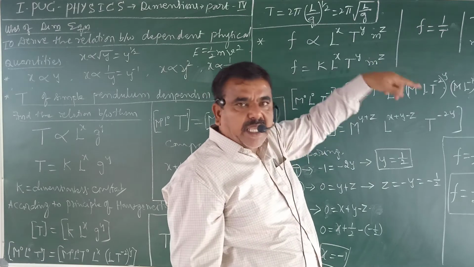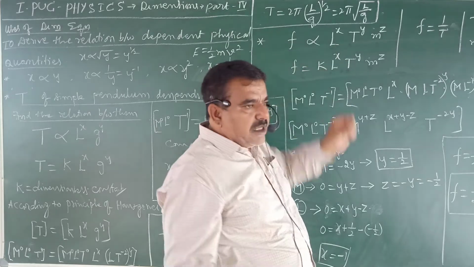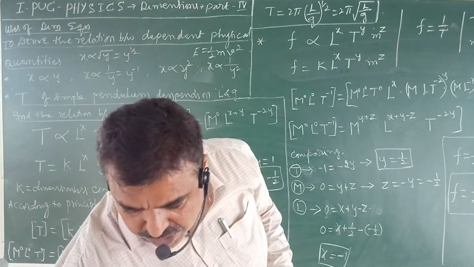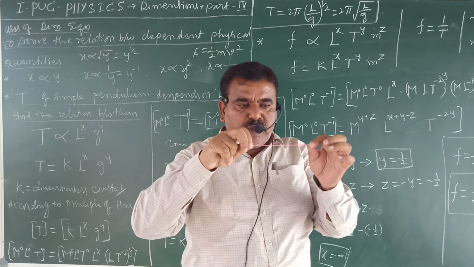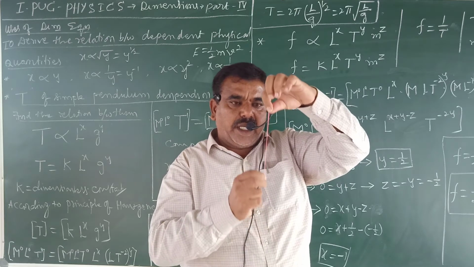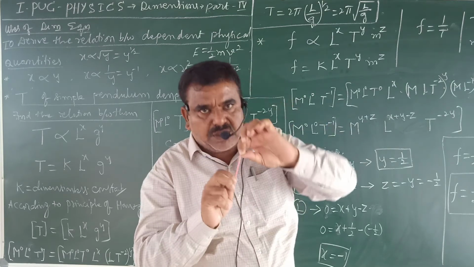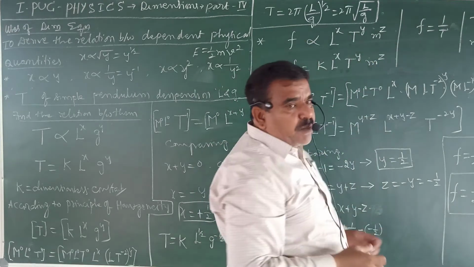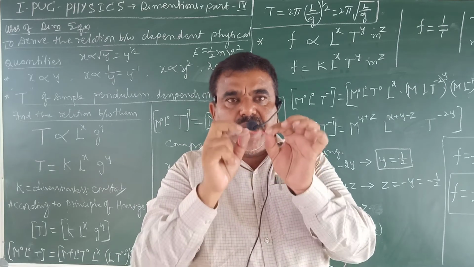You will have all these things again in the future course of study. The frequency depends on the length of the string. Second, tension. Tension means the force acting on the string. Then third, it depends on mass per unit length, that is, the mass of the string per unit length.